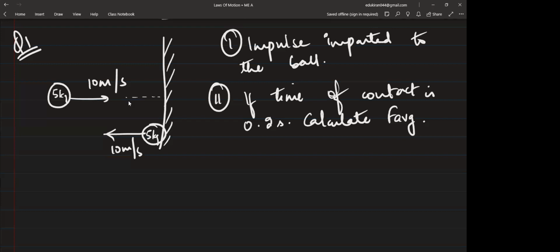See, a 5 kg ball is coming directly with 10 meter per second velocity, and then the 5 kg ball is bouncing back. So when the ball came, this is the mass and this is the velocity, right? Mass is 5 kg, velocity is 10 meter per second.